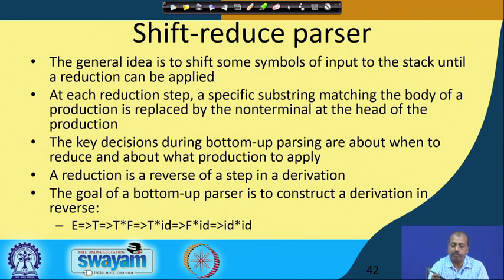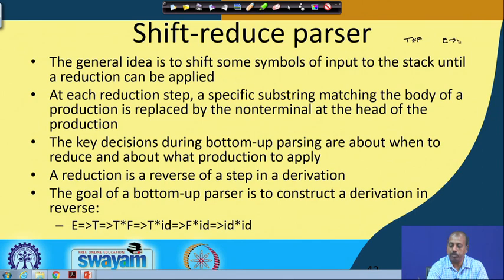For example, if you find that you have T star F available in the stack, and in the grammar there is a rule like E producing T star F, then what do we do? We can replace this part of the stack by the symbol E. So, that is exactly what is said here. That is a reduction.